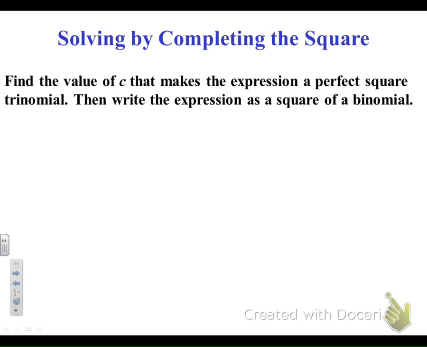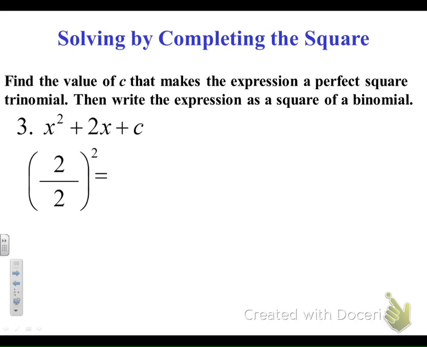Let's try it one more time. Let's say I have x squared plus 2x plus c. I'm going to take this middle coefficient, divide it by 2, and then square it. So 2 divided by 2 is 1, and then I'll square that. What would complete this square is a 1.